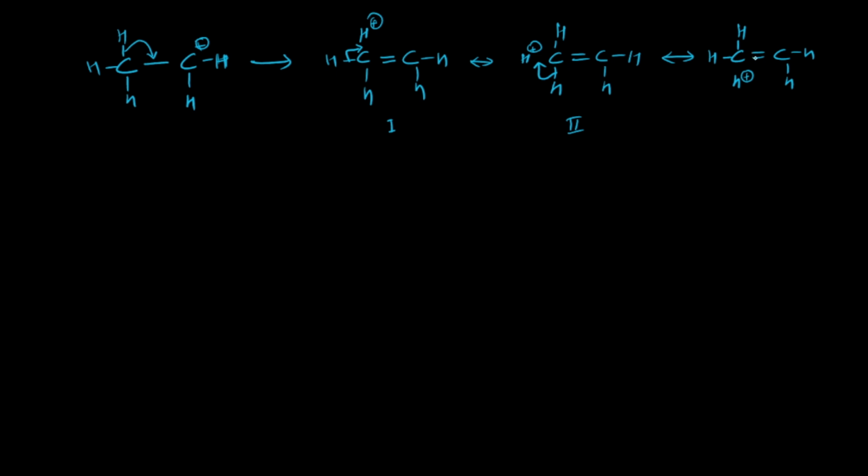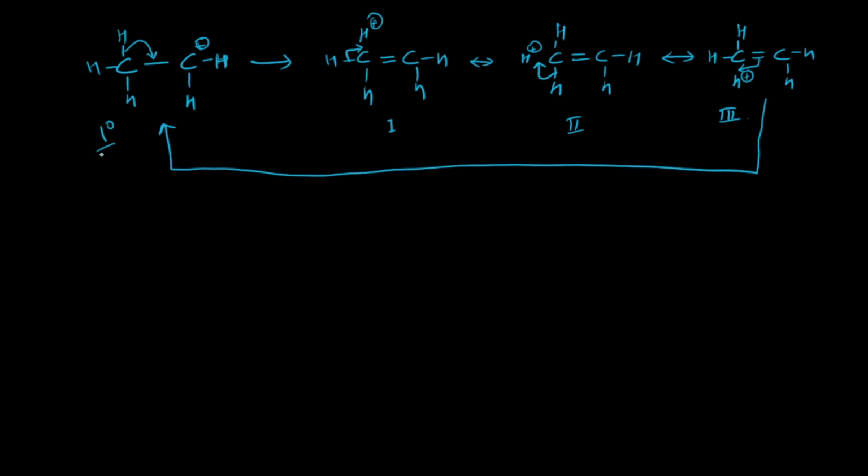So the next structure will come over here, and it will directly go and form like this, right? So the positive charge is again forming. So you see, three hyperconjugating structures. This carbocation is primary, right? Because only one carbon is attached.